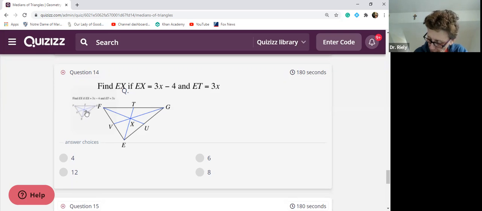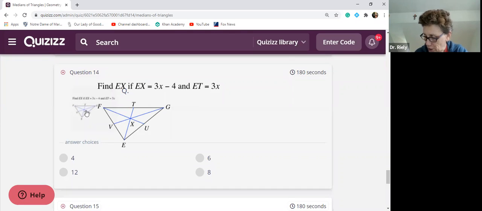Okay, so I get 3x minus 4 equals 2/3 times 3x gives me just 2x. So get your number 4 to the right side. Add 4 to both sides. I have 3x equals 2x plus 4. Subtract 2x from each side. That gives me x equals 4.